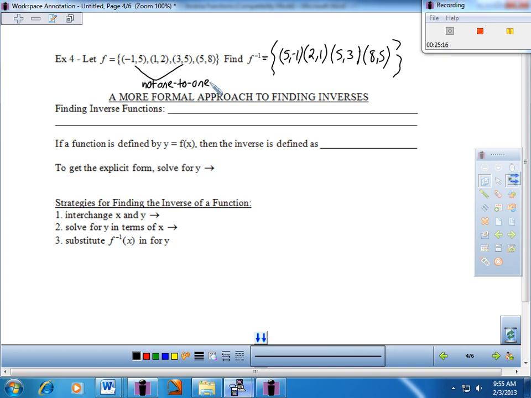So use the conclusions, guys, just trying to emphasize a couple things here. If the function is not one-to-one, is the inverse a function independently? Is this a function over here, guys? No. So this inverse, even though it is the inverse of our original function, it is not a function independently. And why is it not a function independently? Because of those 5s, because the 5s now move to the inputs.